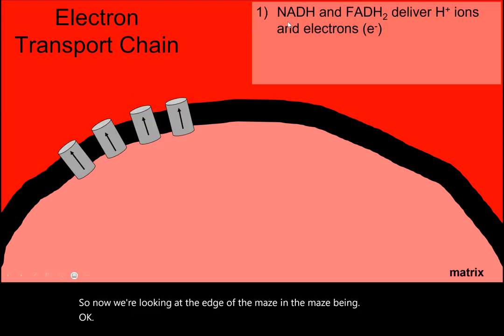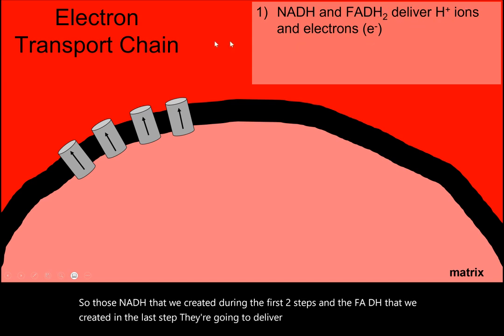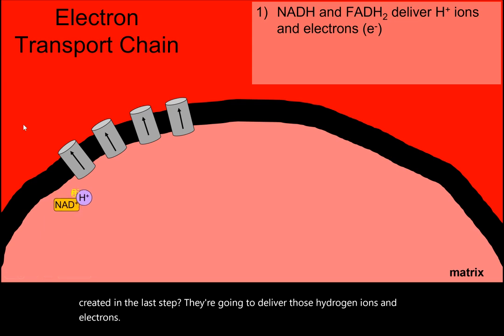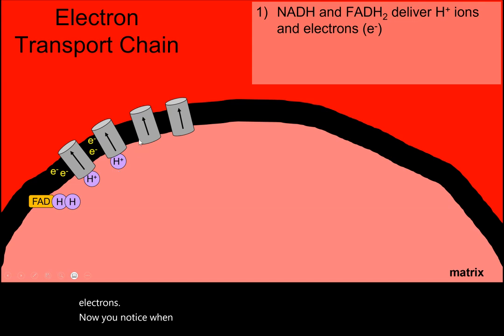So those NADH that we created during the first 2 steps and the FADH that we created in the last step, they're going to deliver those hydrogen ions and electrons. Now you notice when these molecules release those hydrogens, it's also releasing some electrons.